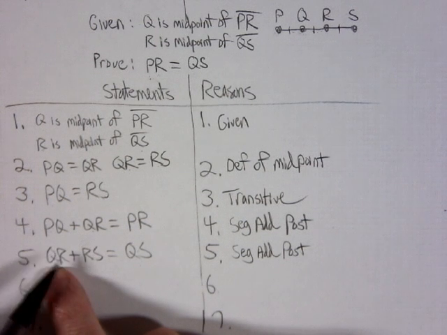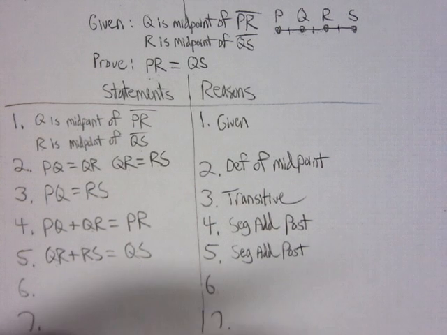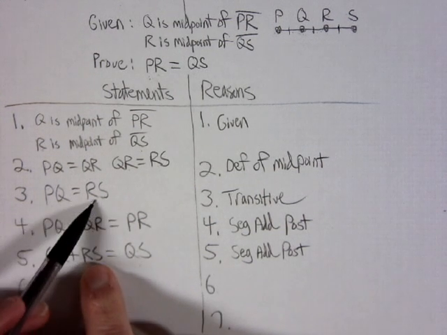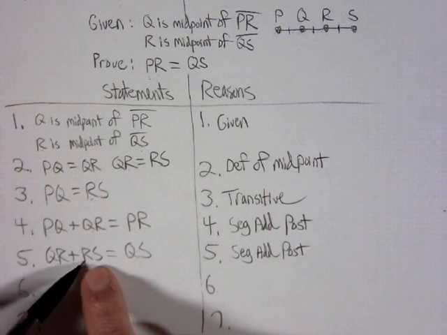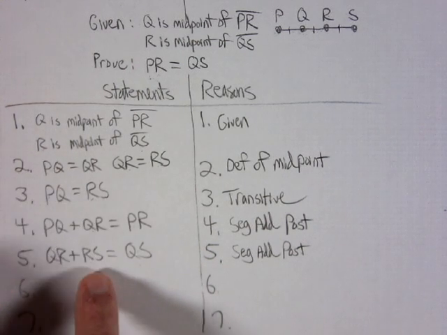And then I can get PR and QS into the same equation. This is almost like a puzzle that you're trying to put together. So if I can take RS out and put PQ in its place, look at the step above: QR plus PQ is equal to PR, and then that'll allow me to finish it.